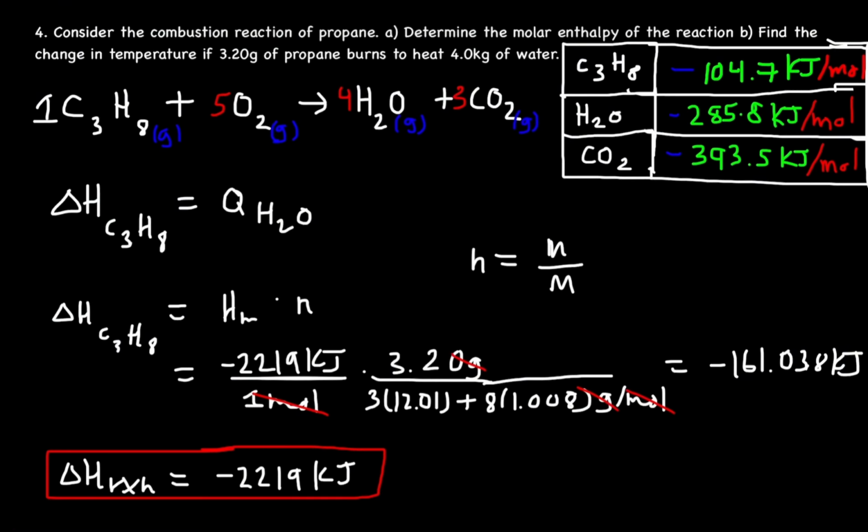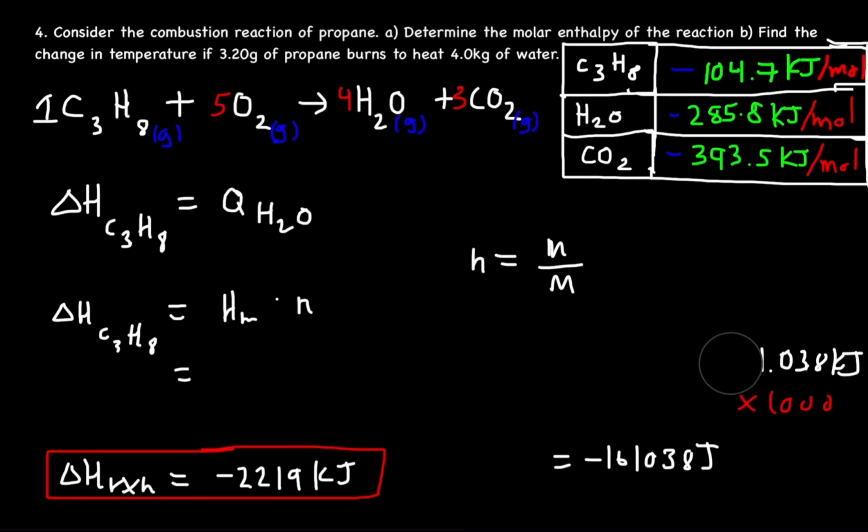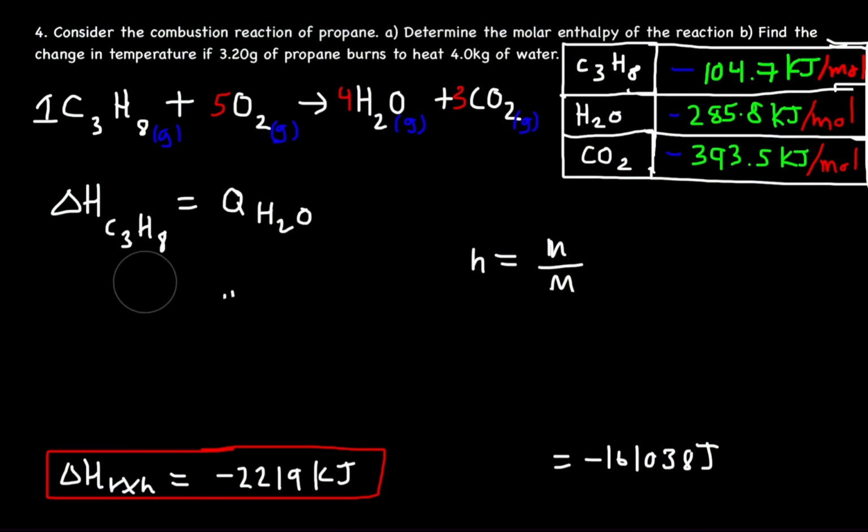Now I'm just going to convert this into joules. I'll simply multiply by 1000, and I get negative 161,038 joules. Now I'll get rid of this for more space.